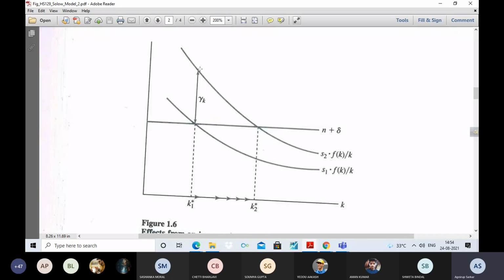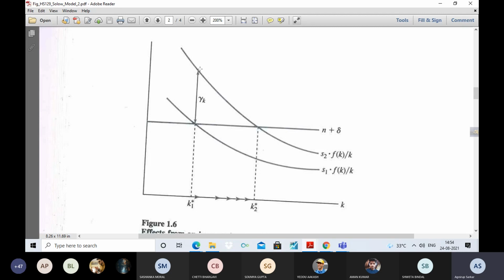So if we are to work with a neoclassical production function, or a neoclassical setup, and our objective is to generate long run growth in per capita income and per capita consumption, then this type of growth must come from technological progress rather than physical capital accumulation, right?